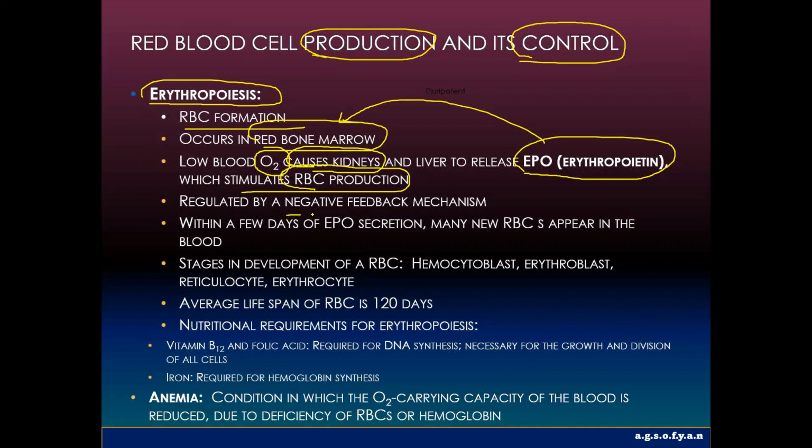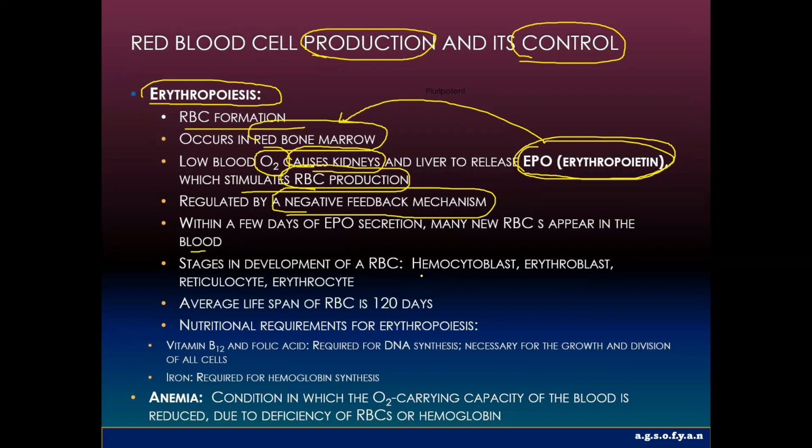So this is what we call the negative feedback mechanism. After a few days of EPO secretion, many new red blood cells will appear in the blood. When we have enough red blood cells, then the EPO production will be stopped. So this is a negative feedback system.